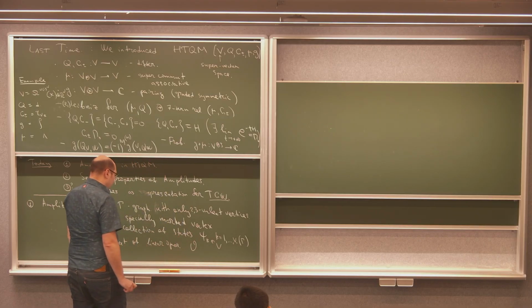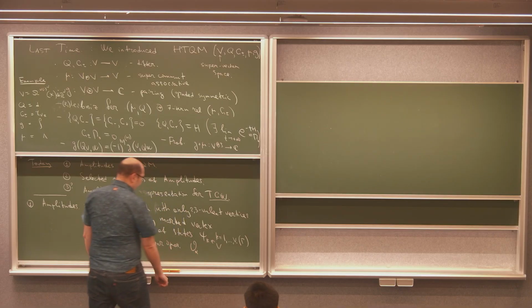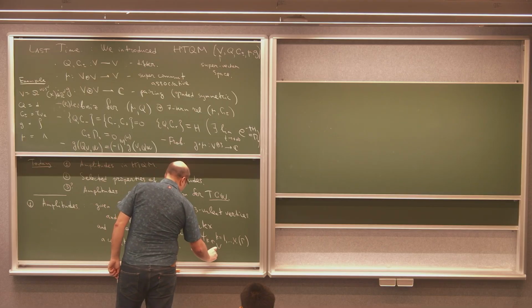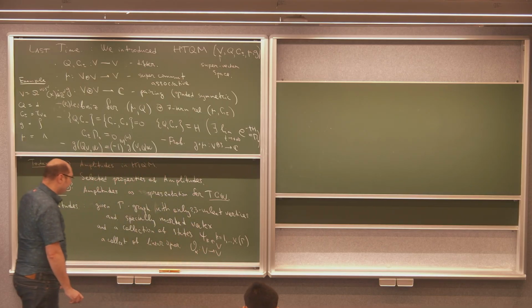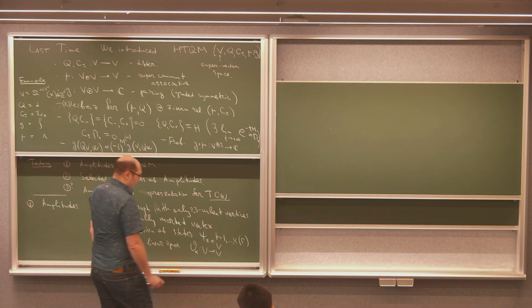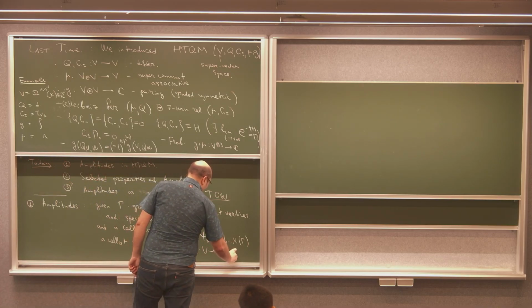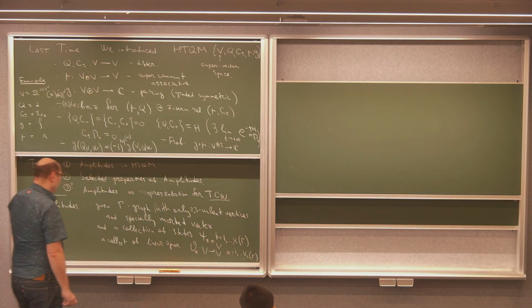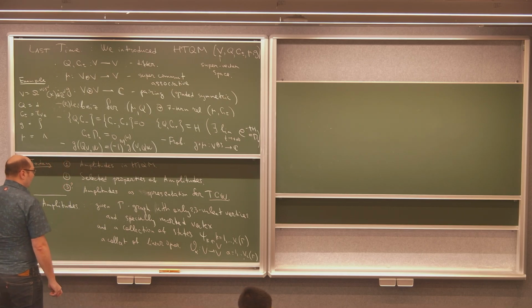And a collection of linear operators. We will traditionally call them alpha, because there will be a different number of them. They are linear operators from V to V, and the number of them is the same as the number of two-valent vertices of gamma. So we have a collection of states and a collection of operators.